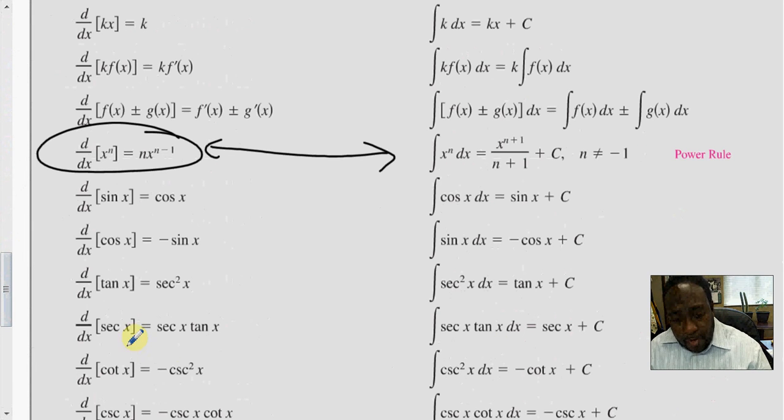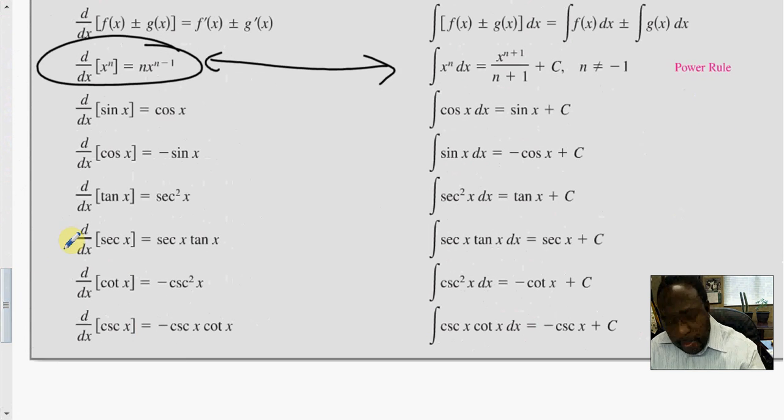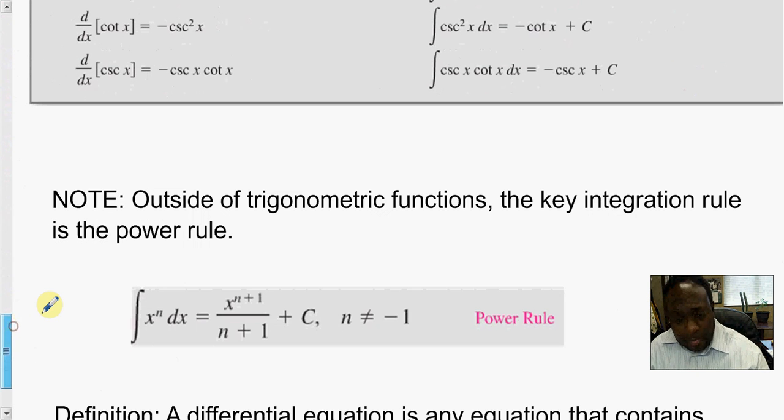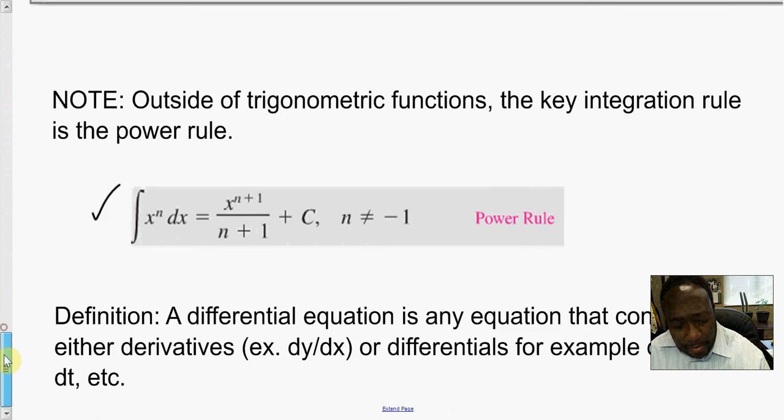Likewise, with the trigonometric functions, we have derivatives of such, and we can also take the integrals and get very similar results, just in the inverted form. I think outside of the trigonometric functions, the key integration rule is the power rule. I think you'll see this one a lot.